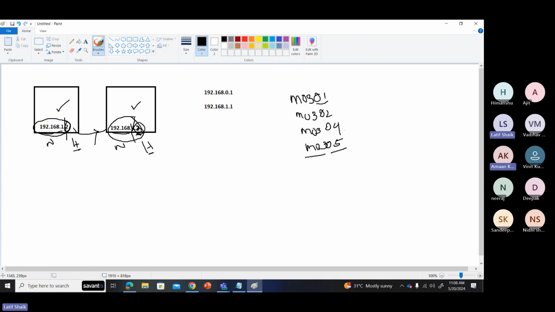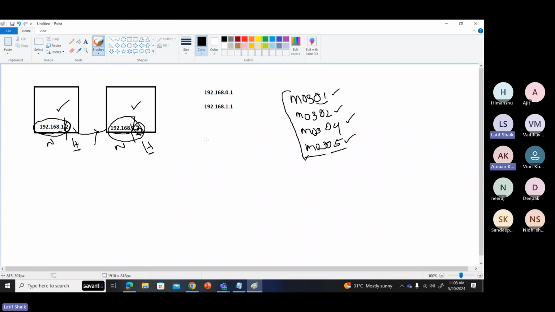M03 is the same, and the numbers are different at the end. Why? Because of different people, it is their unique identity, and all belong to the same batch.